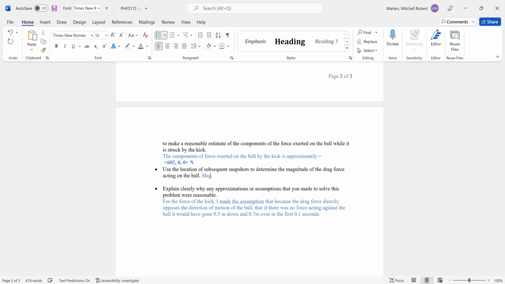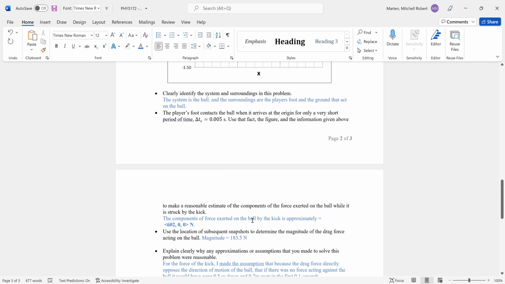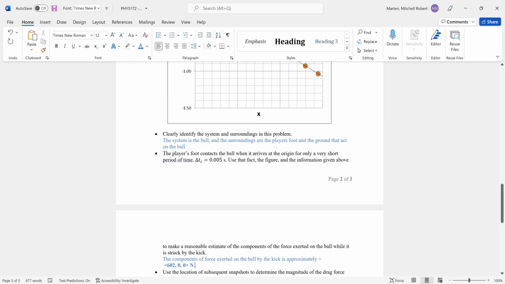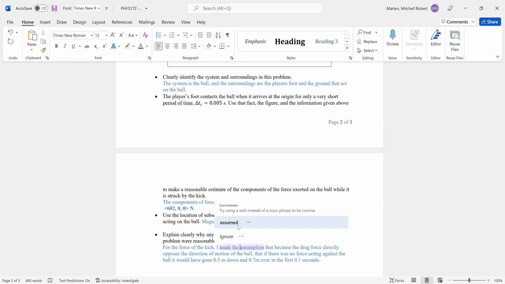Let me check this. 183.5. Is that what we're going with? Yeah. In the direction opposite of the ball's motion. How's that look? That looks pretty good.